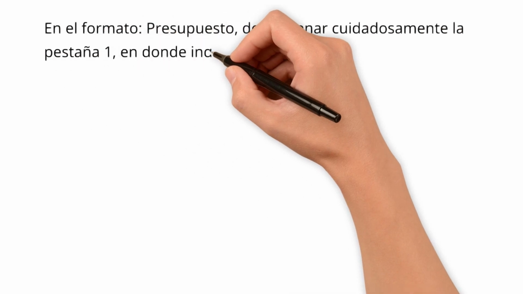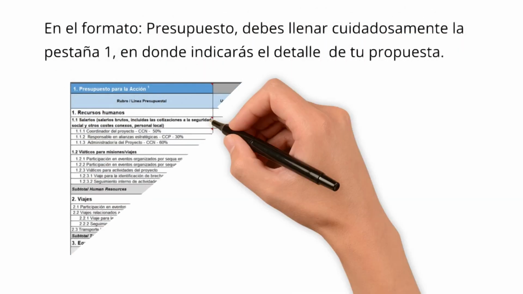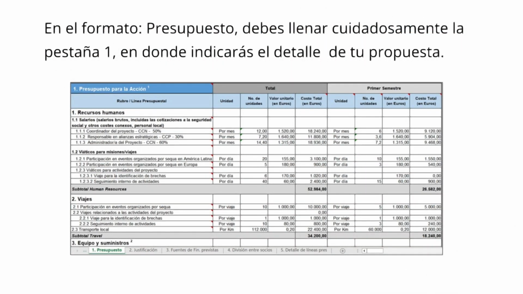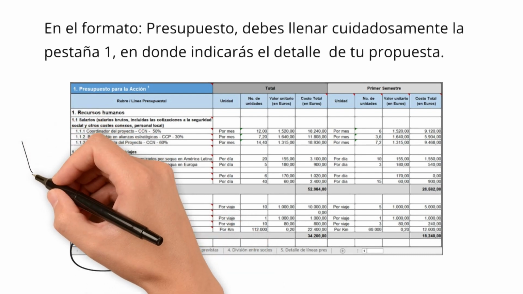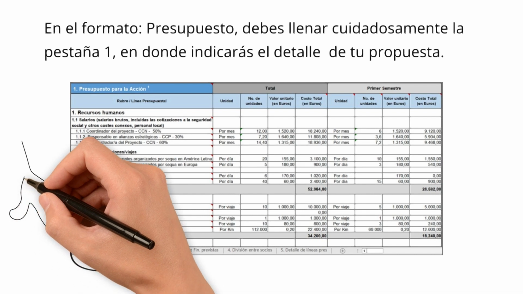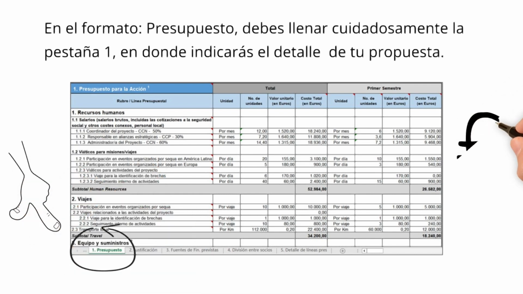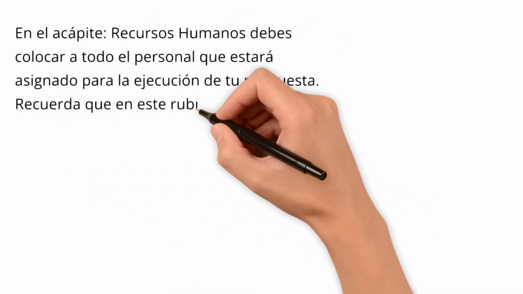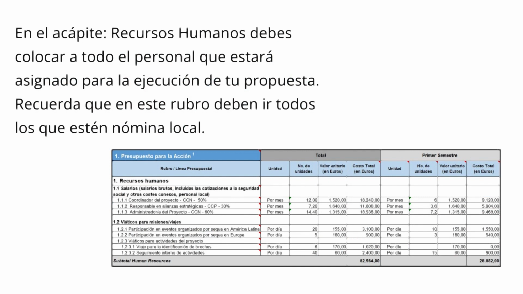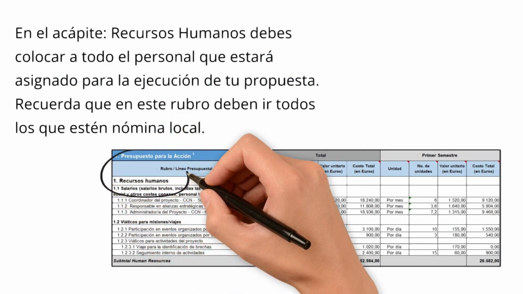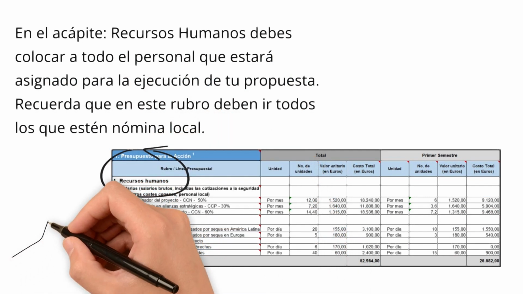In the budget format, you must carefully fill out tab 1, where you will indicate the details of your proposal. In the Human Resources section, you must place all the personnel that will be assigned to execute your proposal. Remember that everyone on the local payroll must go in this area.